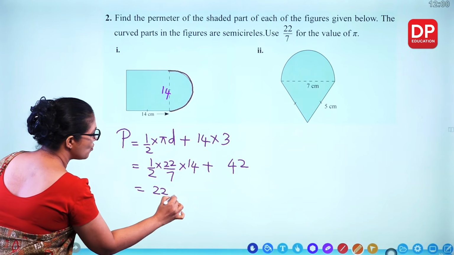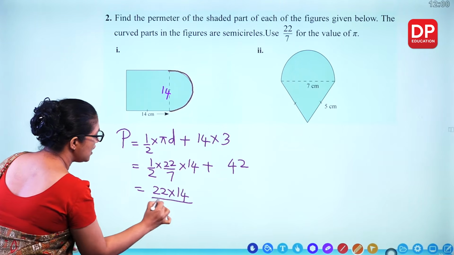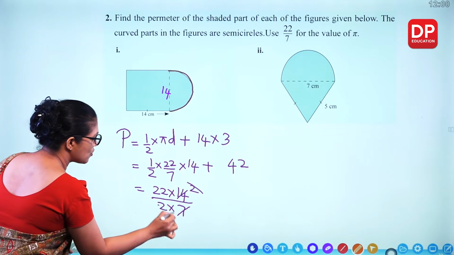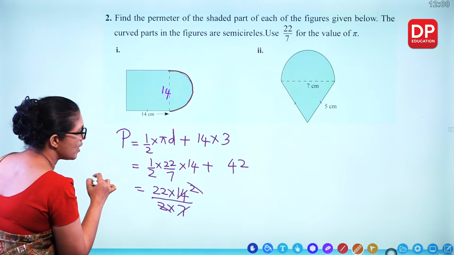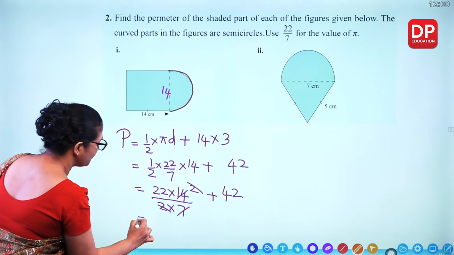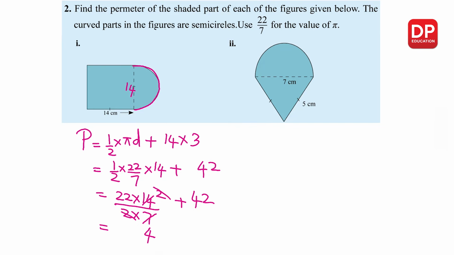This one, 22 into 14, 2 and 7, so 7 times 2, and this 2 gets cancelled out, so you get 22. So 22 plus 42, 64 centimeters.